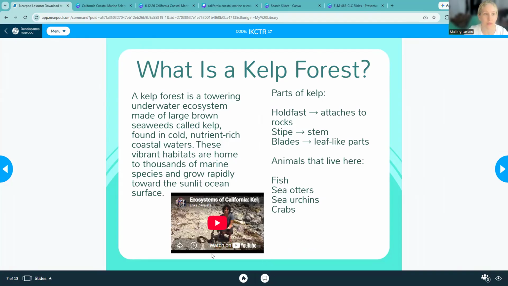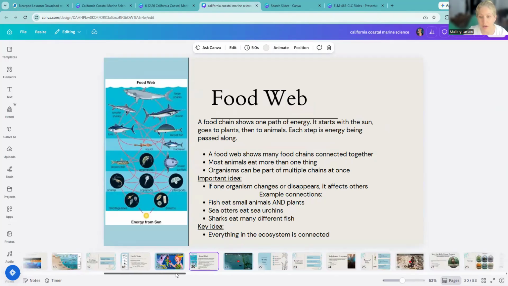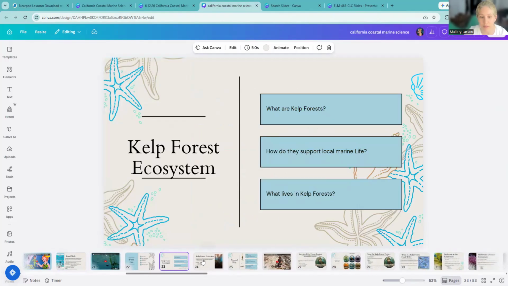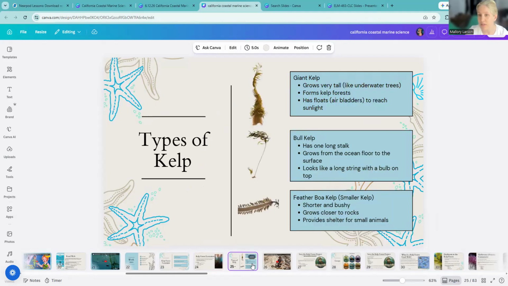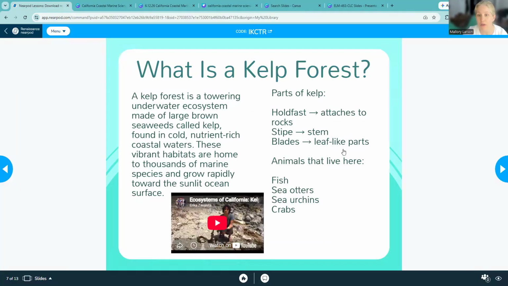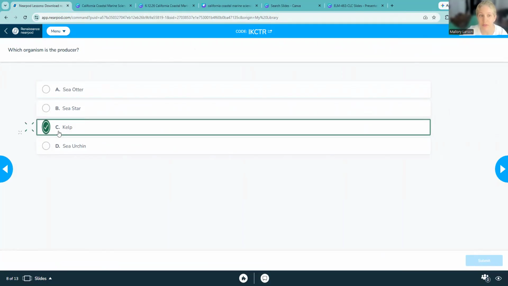It covers our Southern California kelp as well, and it is review from earlier this week when we talked about our kelp forest ecosystems, different species of kelp, and what kelp is. Then a recap of the video in case anyone was absent. They can go back to that information. Then I have some simple questions. Which one of these organisms is a producer? It's going to be our kelp.